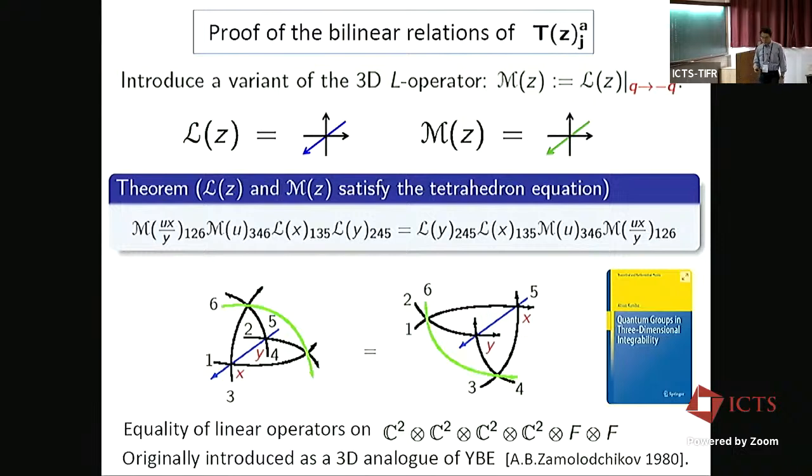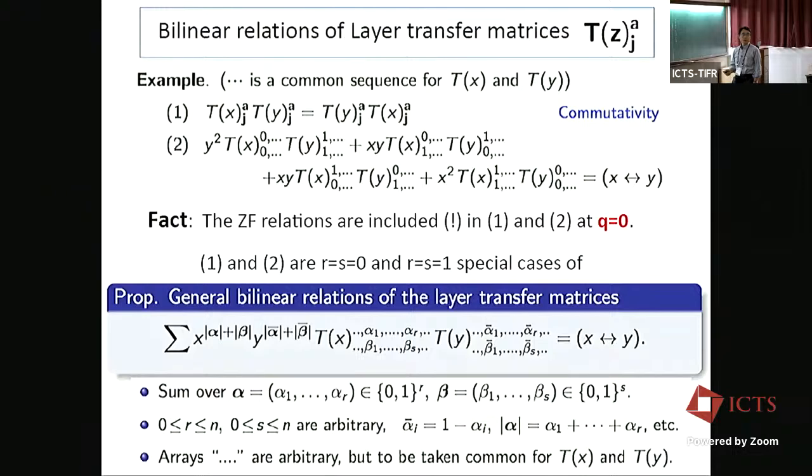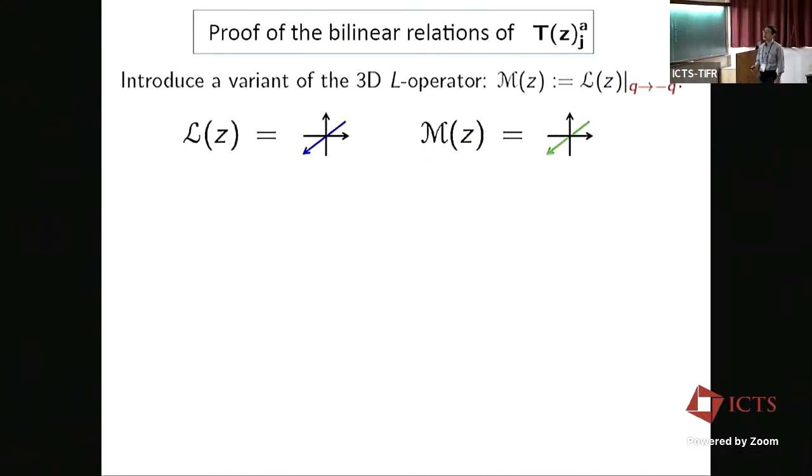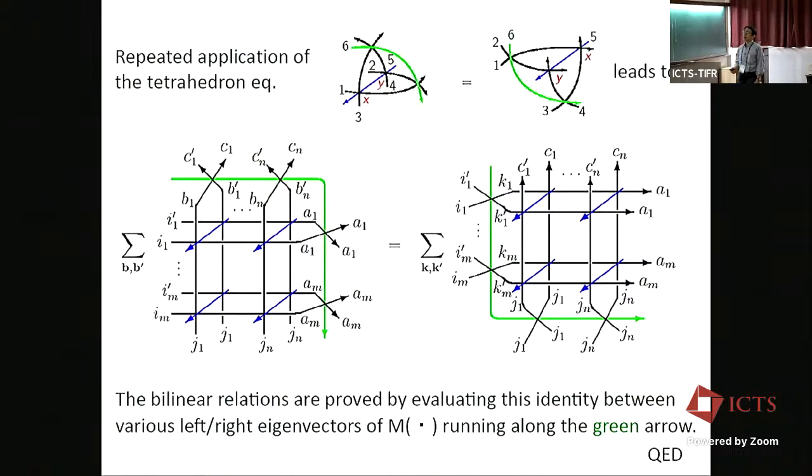The proof is not so big a deal. But how do we use this local relation to show this bilinear relation? This is just one page. If you consider the product of Tx and Ty, then you have to place the layer attached to the spectral parameter X in front, and then in the back plane you assign the layer associated with spectral parameter Y. The front layer is X, the back layer is Y. And here it's reversed.